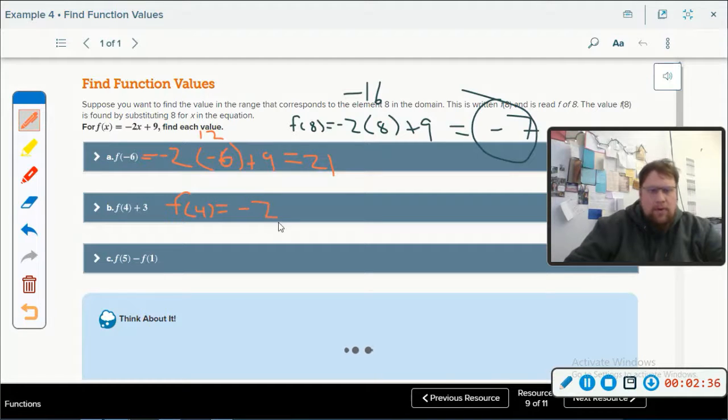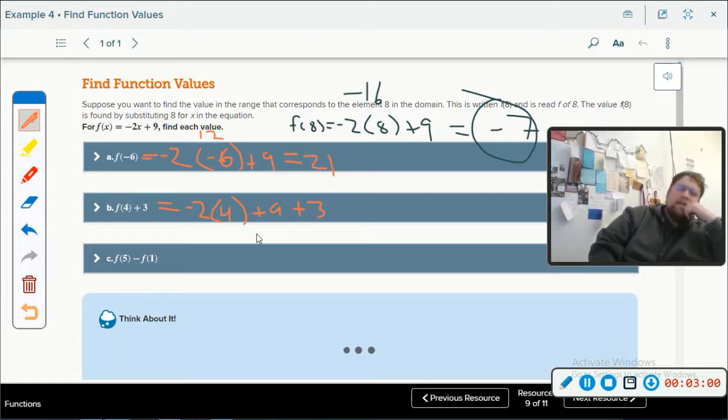I already have all that written down right there, so I'm going to write equals negative 2 times my x, which is 4, plus 9, and then we're just adding a plus 3 on the end. That's it. Go ahead and solve that. Pause this, take a minute, solve it. Ready, set, go.